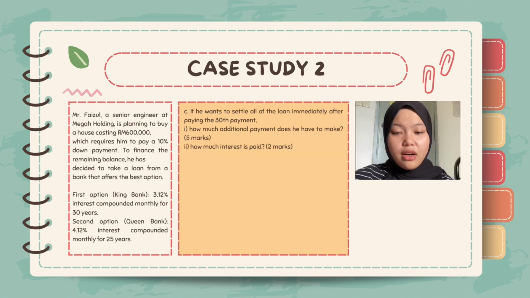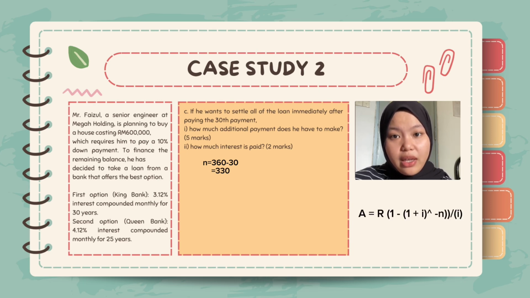C1, to find how much additional payment he has to make, by subtracting n equal to 360 minus 30, we will get 330, because he wants to settle all of the loan immediately after paying the 30th payment. To solve this question, we use the formula A equal to R open bracket 1 minus open bracket 1 plus i close bracket to the power of negative n divided by i, then close bracket.